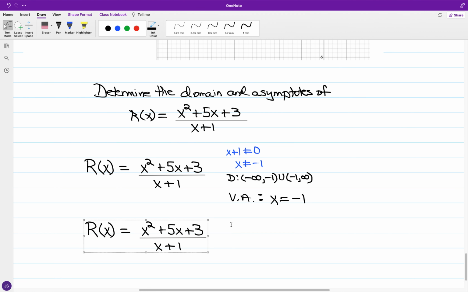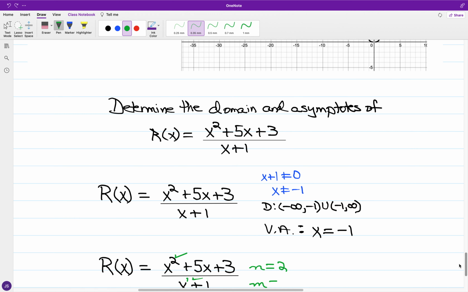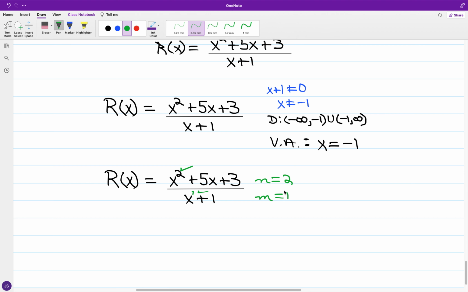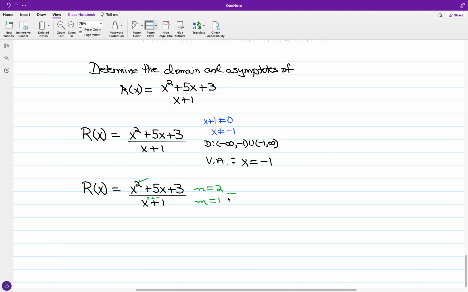in terms of finding out if we have any other type of asymptote, from the numerator, the highest degree term is x squared. From the denominator, the term that defines the degree is x, which is of first order. And so we have that n is equal to 2, m is equal to 1, and n is greater than m by 1 degree.